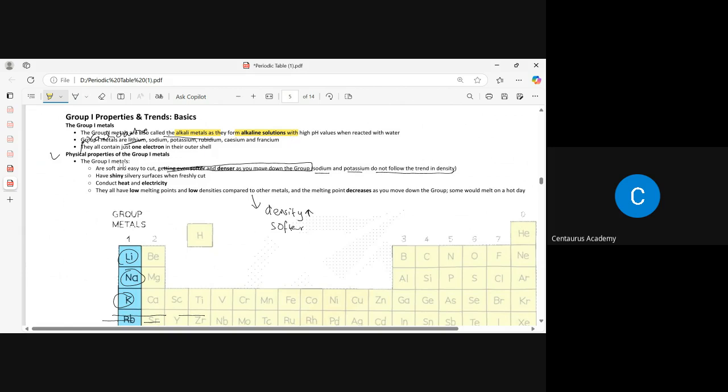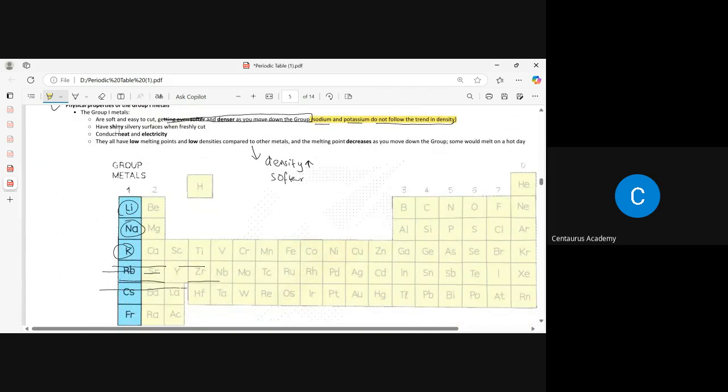They only have one electron in the outermost shell, which makes them so reactive, and this reactivity increases as we go down the group. They're very soft. They're also denser as you move down the group, but only sodium and potassium do not follow the density trend. The mass increases, the density also increases, but sodium and potassium deviate from this trend. They do conduct electricity and heat.